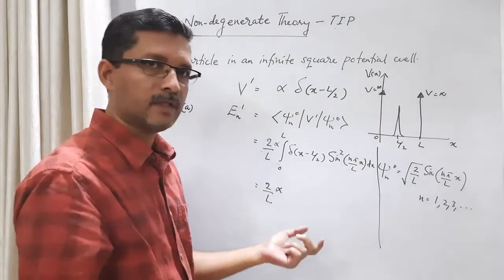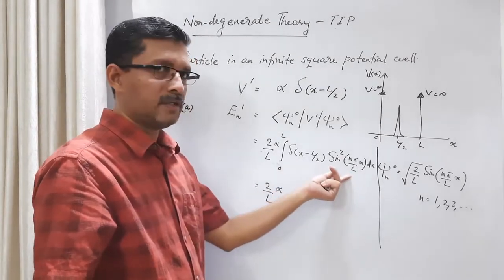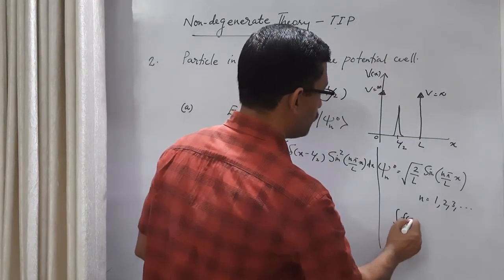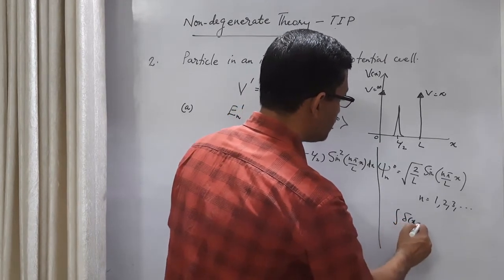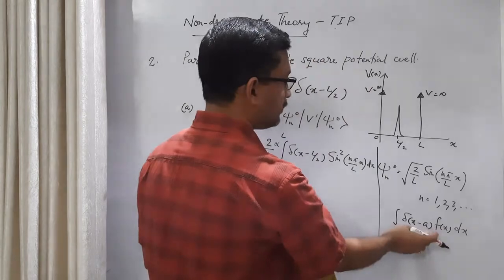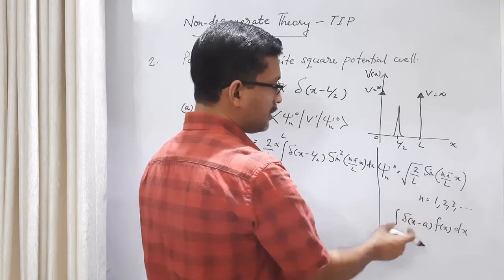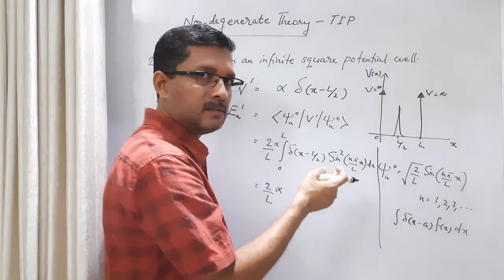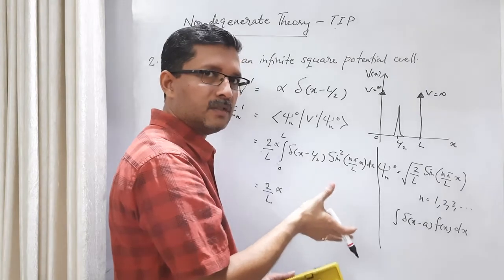And you know the property of the delta function. When the delta function appears within an integral along with a function, something like this, integral f(x) delta(x minus a) dx, this delta function is peaking at x equal to a. And not only this, the important point is that this x equal to a, the point at which the delta function peaks, should come within the limit, the domain of integration.